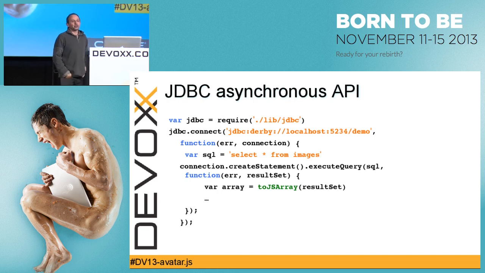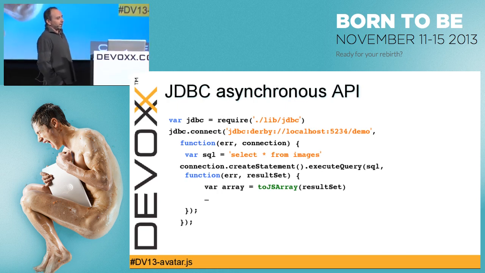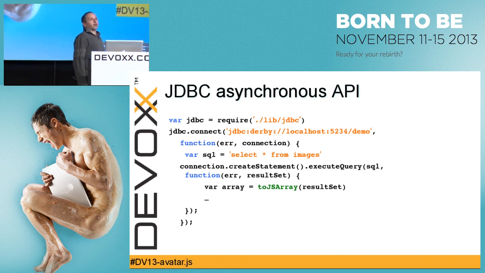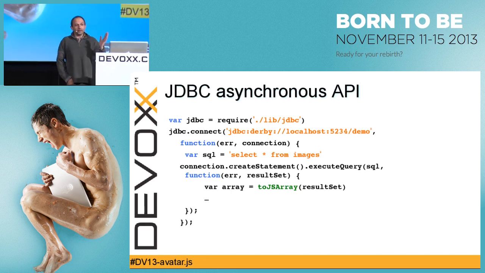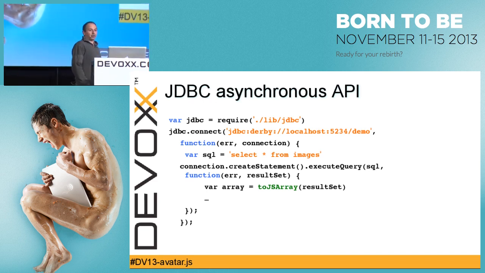So an example of this JDBC layer. There we are requiring our JDBC module. If you are not familiar with Node, requiring a module is mainly providing the location of a script file that complies with some pattern on the file system.